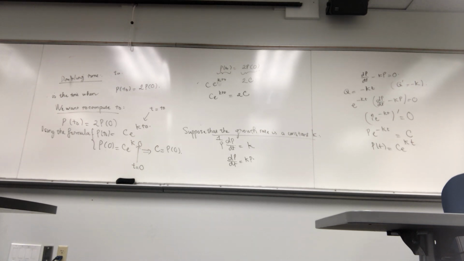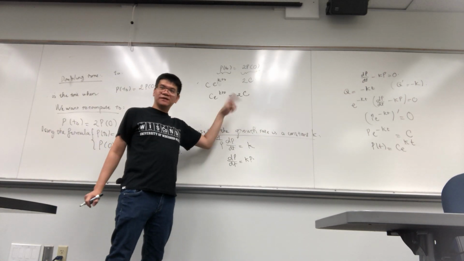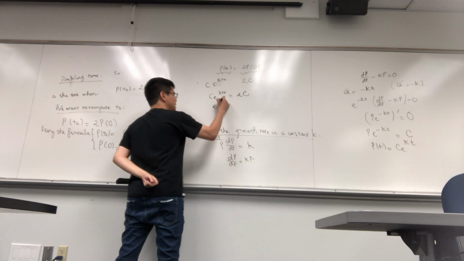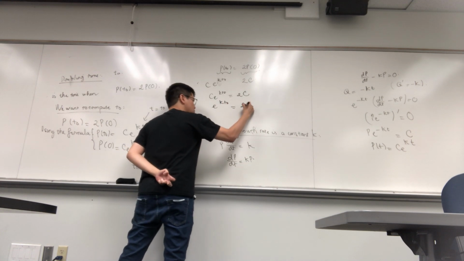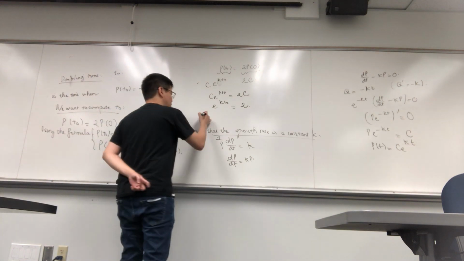Now, what is the next step? I want to find t0. We can use the logarithm. We do the ln of both sides to find the t value in the exponent. So you divide both sides by C and you take the log. So you have e^(kt0) is equal to 2. Now I take the log of both sides.